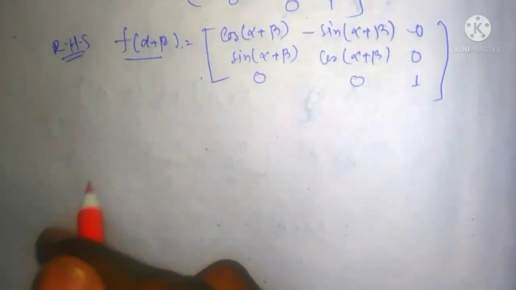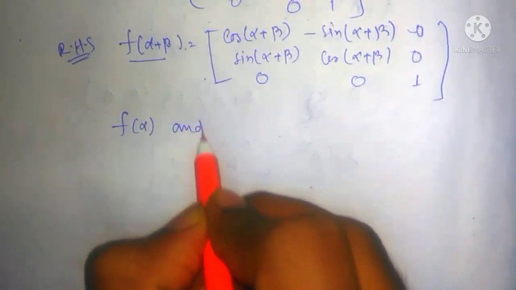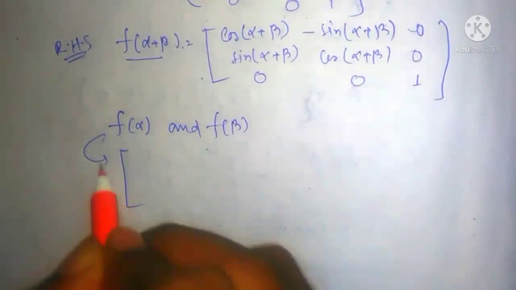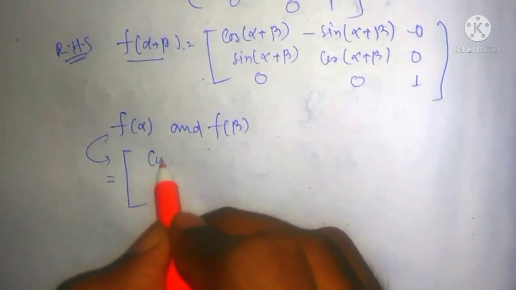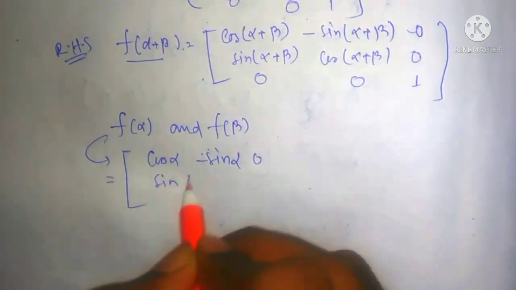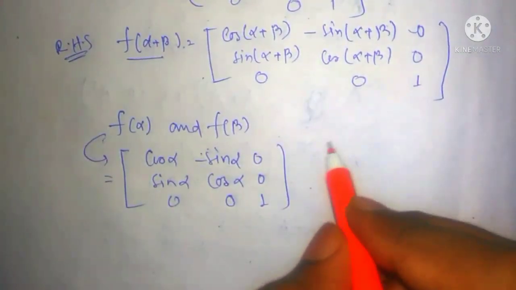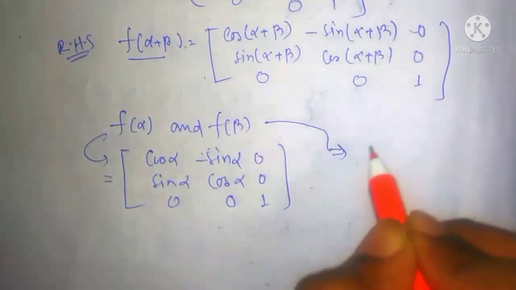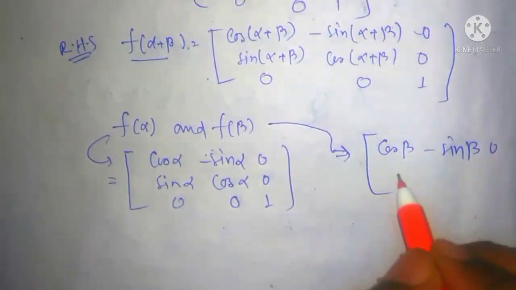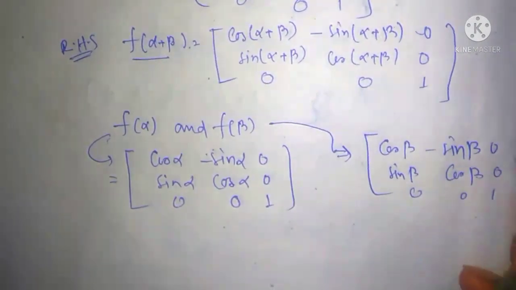Now we have to find the LHS, so for LHS we have to find f(alpha) and f(beta). f(alpha) equals cos alpha, minus sin alpha, 0; sin alpha, cos alpha, 0; 0, 0, 1, and f(beta) equals cos beta, minus sin beta, 0; sin beta, cos beta, 0; 0, 0, 1.